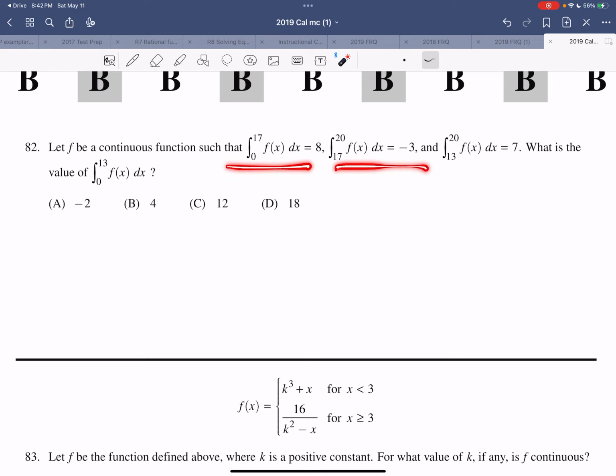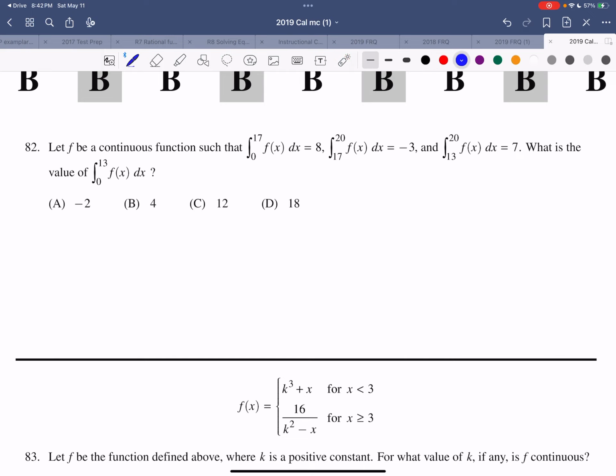Now you have this one, and you want to find the integral from 0 to 13. So let's see if we can make 0 to 13. How can we do this? 13 to 20 is 7. How can we set this one up?